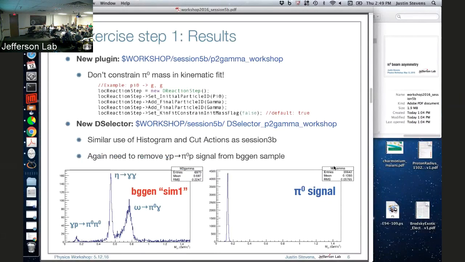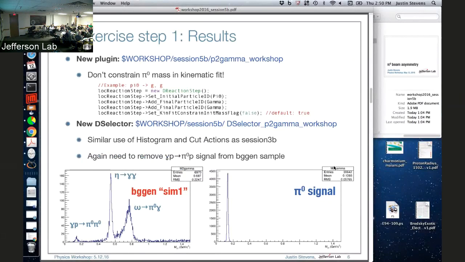And then there's also some other events which are a peaking background. So we have these cases where you produce 2 pi0s and a proton, where one of the pi0s still gives you this 2 photon mass of the pi0, and the other pi0 is lost somewhere because it's low energy. So this is what the yields look like for this background sample, and if you look at just the para or the perp sample, you get this very strong spike right at the pi0 mass, because that's what we generated.